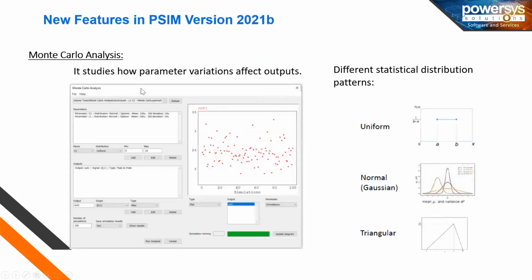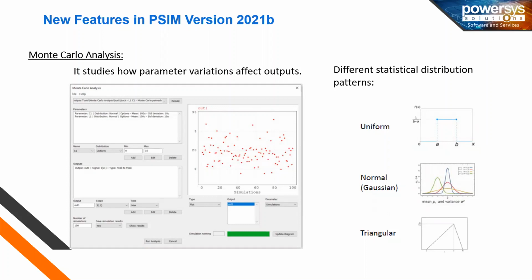Okay, so the Monte Carlo analysis. Basically, the Monte Carlo analysis allows you to estimate a numerical quantity using random numbers. Monte Carlo analysis determines how design performance changes as component parameters vary from their nominal values.